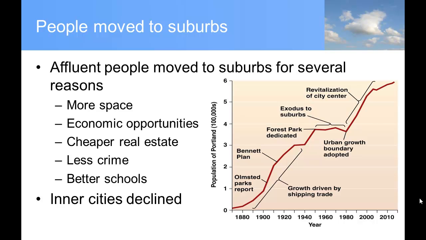And there are a number of reasons: more space, maybe some better economic opportunities, cheaper real estate, less crime, better schools. Some of the interesting trends we're seeing, especially in Pennsylvania, is lots of people moving out of the Baltimore area and into southern York County.